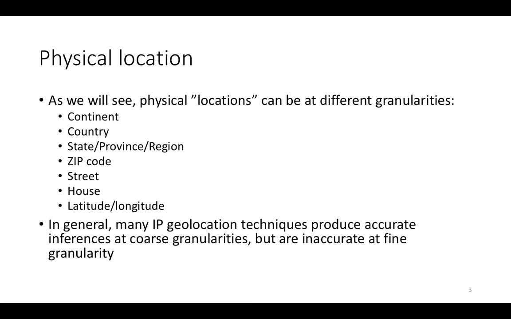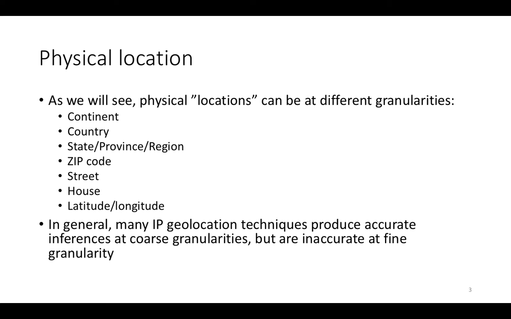As an example, our problem may require only continent-level granularity of geolocation. Or, if we wish to be more precise, we may wish to know which country the host resides in, which state, province, or region, or getting even more fine-grained, we may be interested in the exact zip code, for instance in the United States with zip codes, the street, or even the exact house where a particular IP address resides.